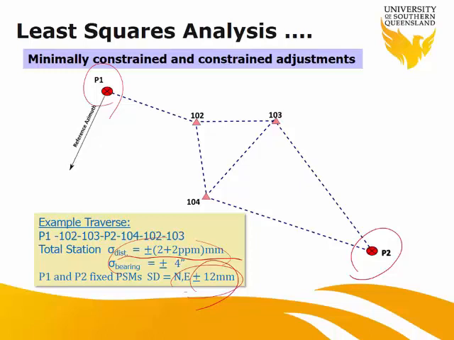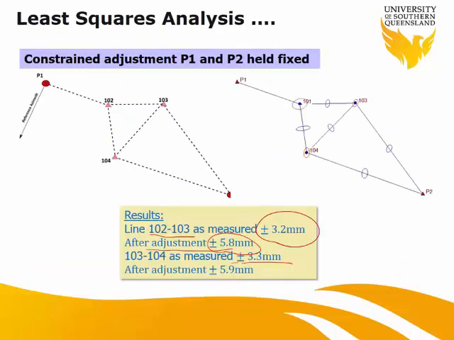No matter how good your survey uncertainty is, your measured distances are going to be better than the adjusted ones, which is obvious from the error ellipse that you have here. You can see that the adjustment has stretched the main traverse lines.